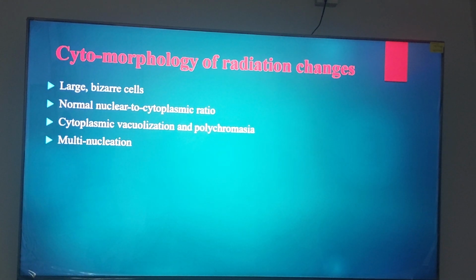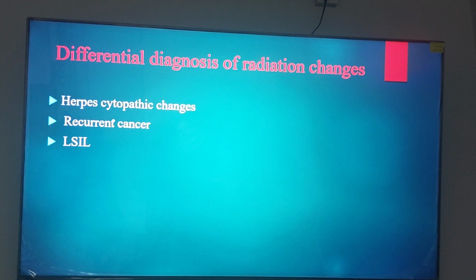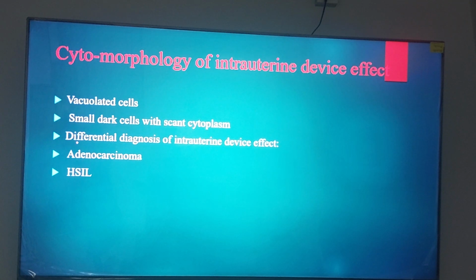Cytomorphology of radiation changes: large bizarre cells, normal nuclear to cytoplasmic ratio, cytoplasmic vacuolization, polychromasia, and also multinucleation. Differential diagnosis of radiation changes includes herpes cytopathic changes, recurrent cancer, and low-grade squamous intraepithelial lesions.